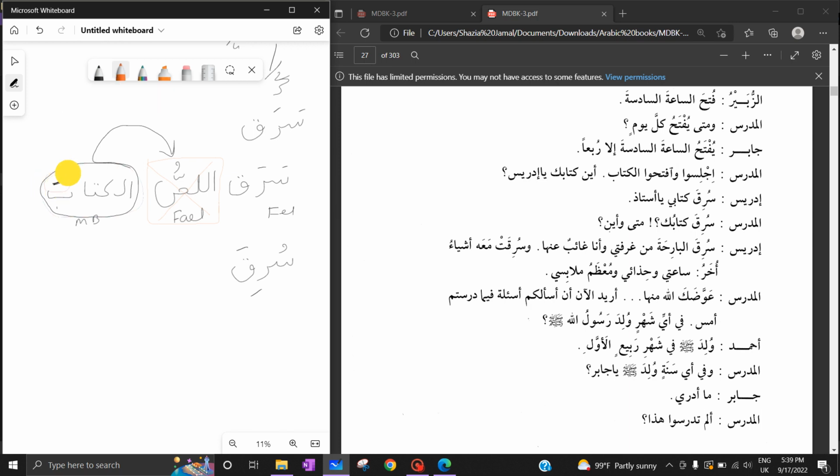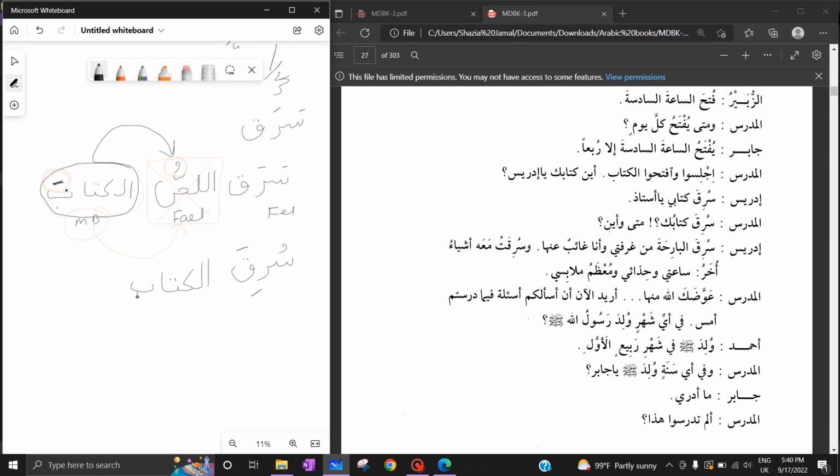The maf'ul bihi leaves its haraka and takes the haraka of the fa'il, because now this maf'ul bihi is representing the position of the fa'il, so it should take the haraka of the fa'il. So we will remove the fa'il and put al-kitab in the place of the fa'il. What do we change?